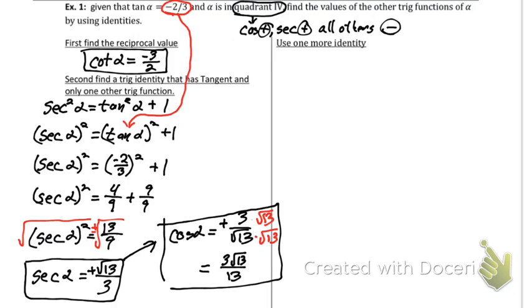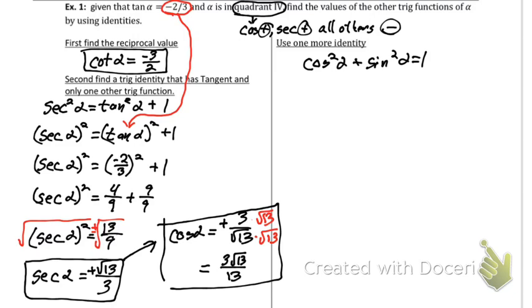All right, now we have to use another identity because we ran through this one. We got our secant squared, which got us our cosine. Since I have my cosine, I'm going to go ahead and get my sine by using cosine squared plus sine squared equals 1. So remember, we have our cosine squared alpha plus sine squared alpha equals 1. My advice to you is pick the easier of the ones.